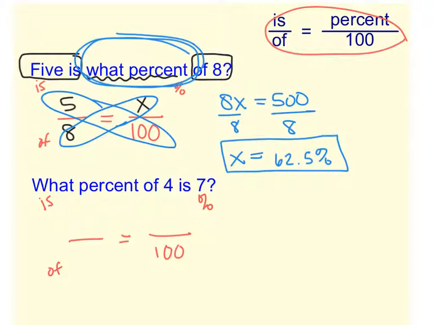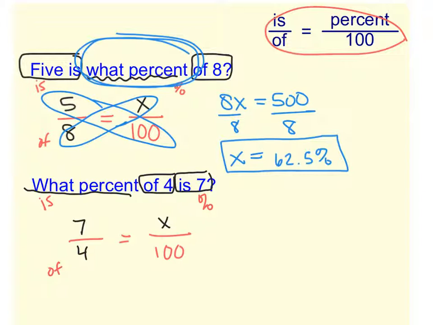What percent of 4? So that means 4 is your of. So it's going to go down there in the of position. Is 7, so 7 is your is. So 7 over 4. And then the last thing that we're missing, that's where your x will go, and then you can see it says what percent, so x goes right there.